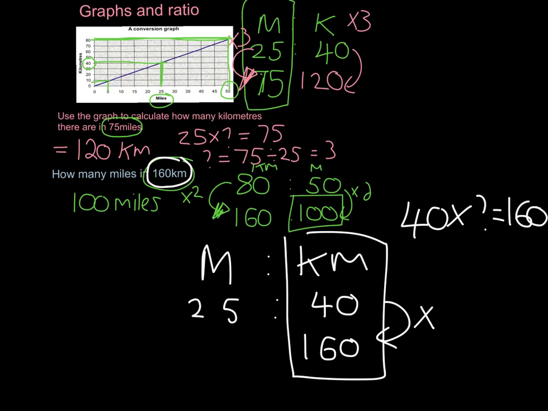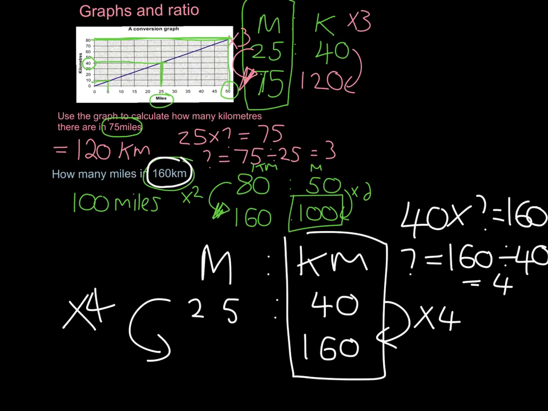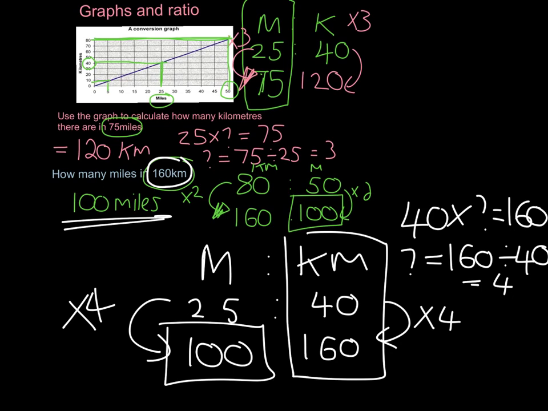That's going to be times by 4, but again you could use your calculator. Inverse operation, instead of timesing by 40, 160 divided by 40 would give you the 4 that we're looking for. So 40 lots of 4 is 160. Use equivalent ratios, do the same to both sides. 4 lots of 25 is 100, and that was the answer that we just got, 100 miles.